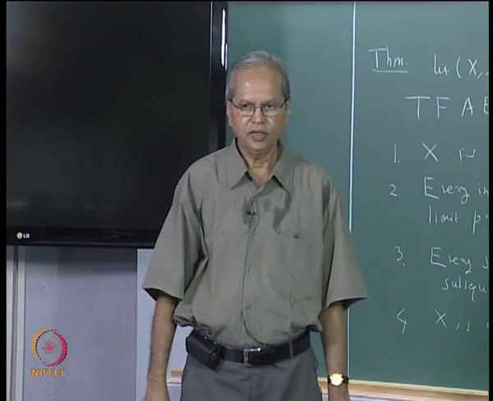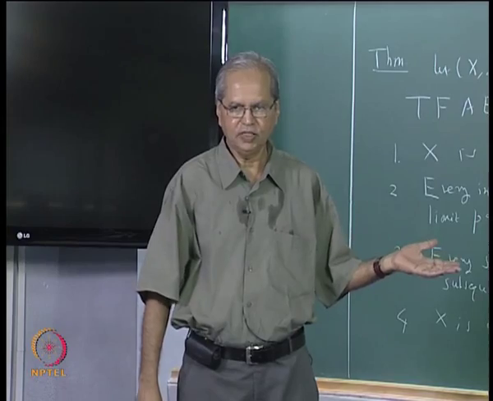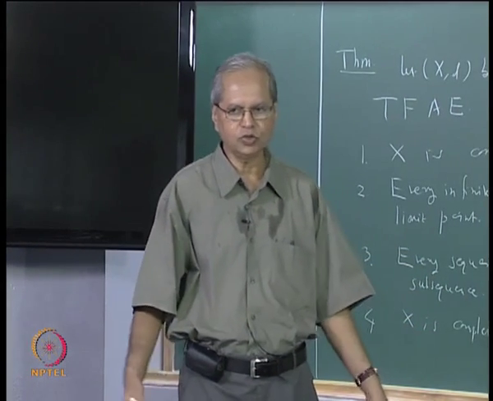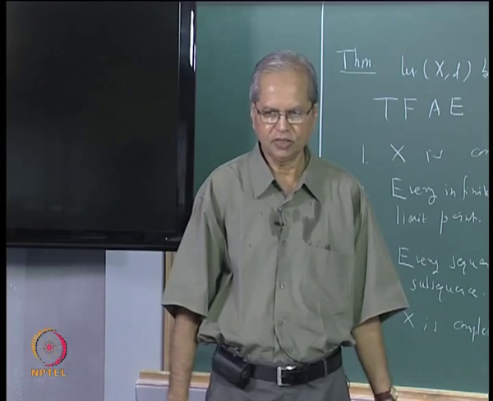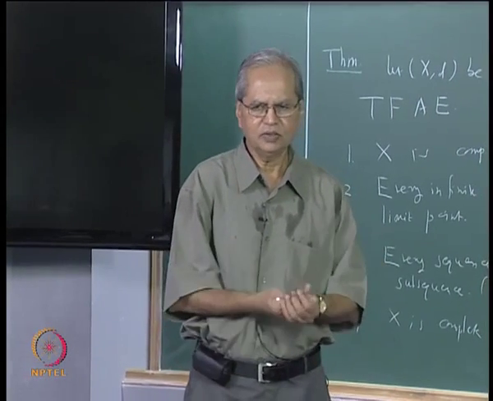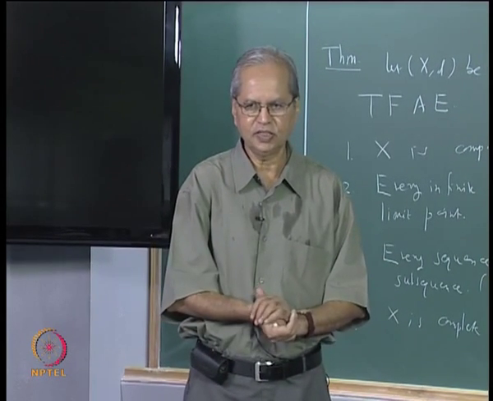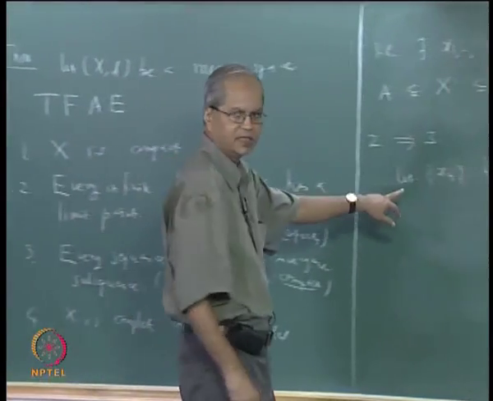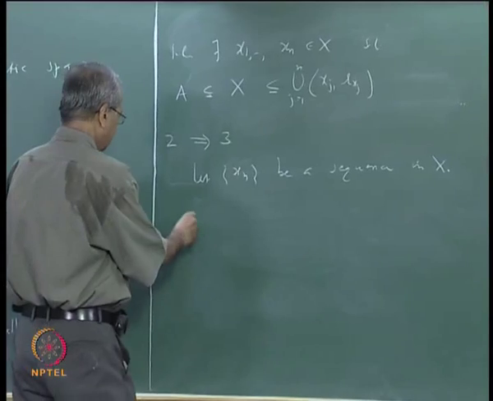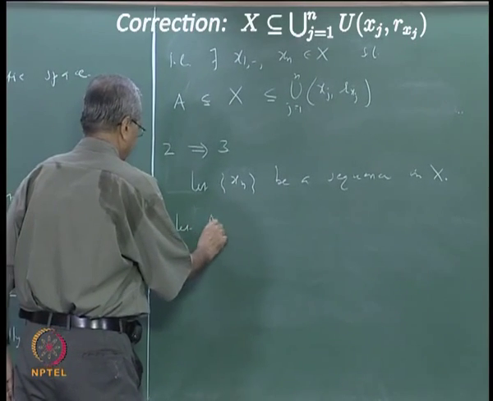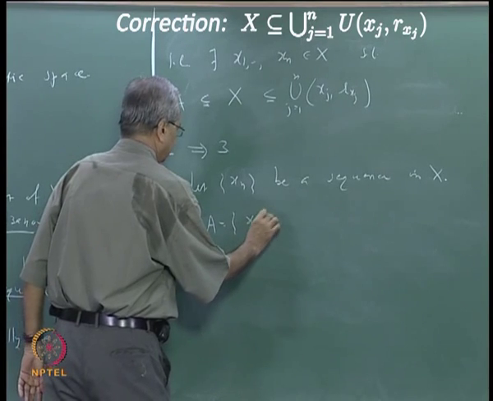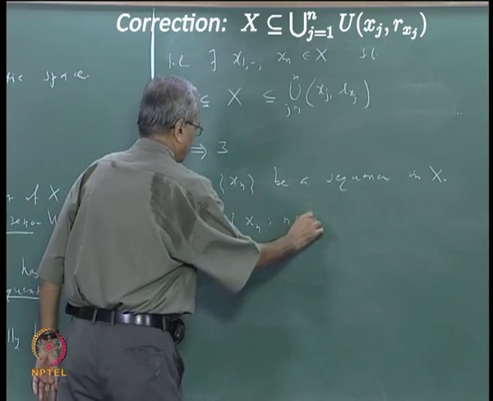If we want to use 2, namely that every infinite set has a limit point, we have to start with some set, not a sequence. But it does not matter, every sequence also leads to a set, namely the range of that sequence. Suppose I call that set A, let A be equal to {xn : n belonging to N}.